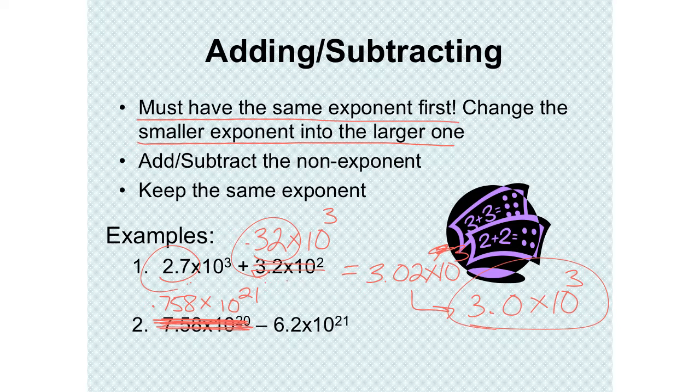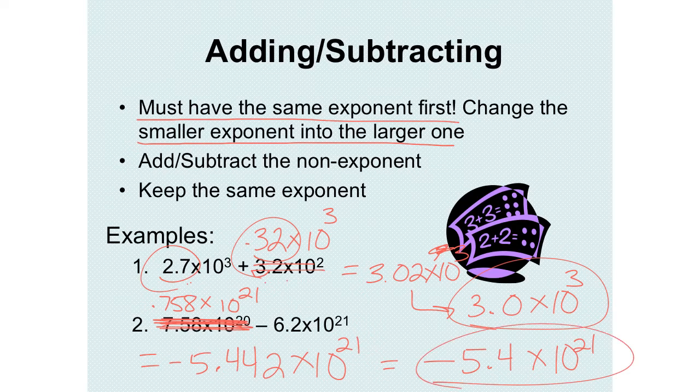So 0.758 minus 6.2 is going to give me negative 5.442. And then my exponent's going to stay 10 to the 21st. So then I just need to round this. So that is now going to be negative 5.4 times 10 to the 21st.